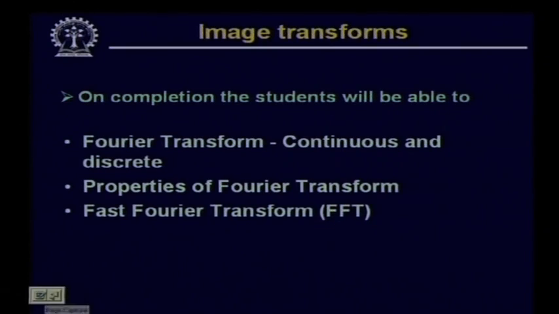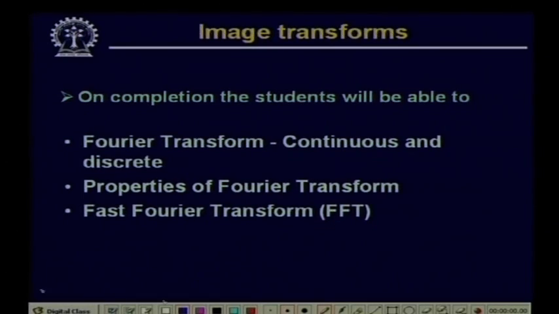During our discussion on sampling, we said that the Fourier transformation gives you the frequency components present in the image, and for sampling we must meet the condition that the sampling frequency must be greater than twice the maximum frequency present in that continuous image. In today's lecture, we will discuss the Fourier transformation in greater detail. So, first let us see what is meant by the Fourier transformation.